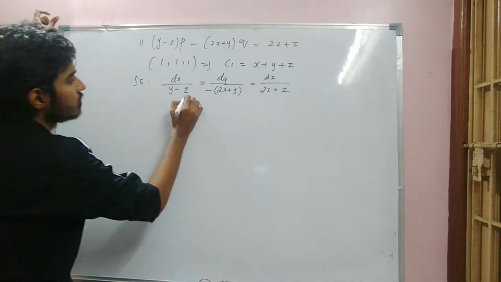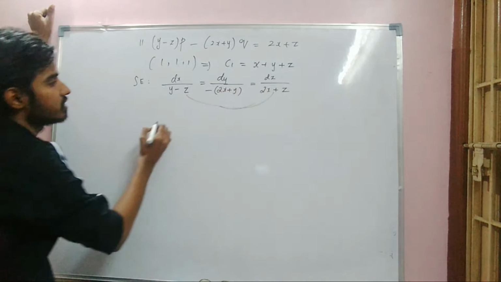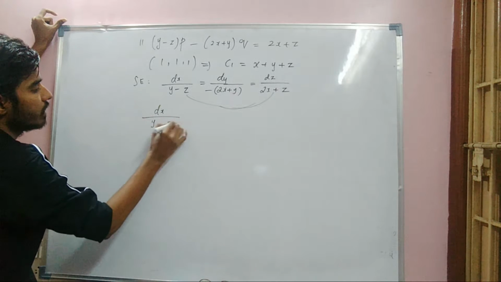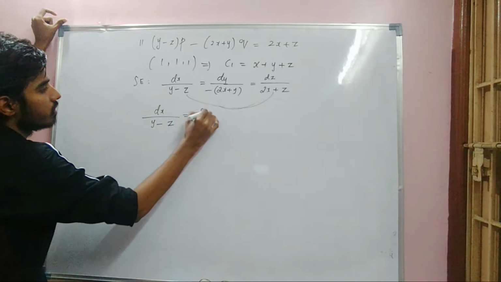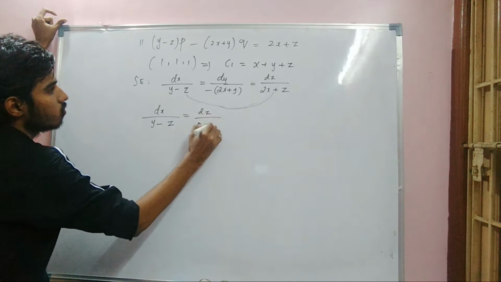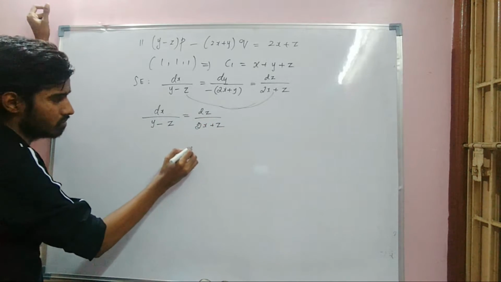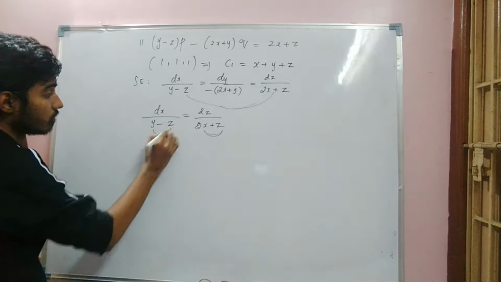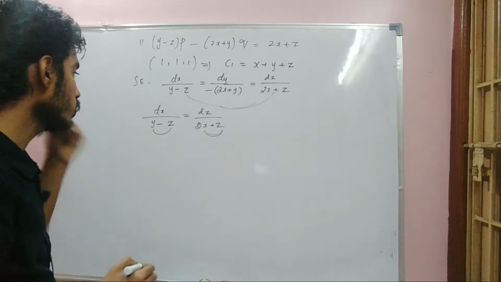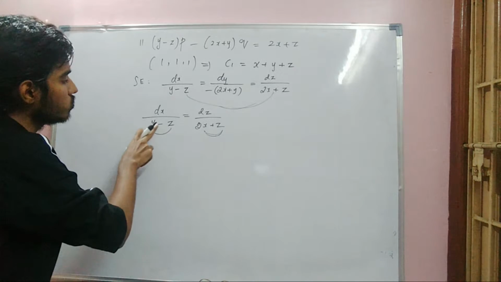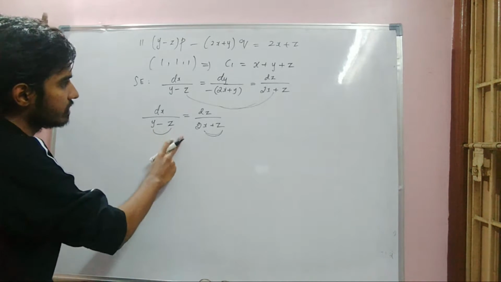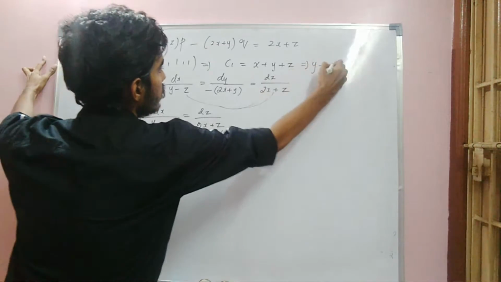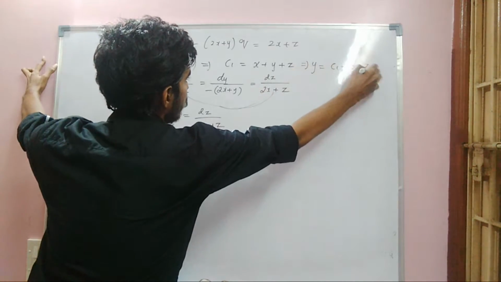Now I am going to take these two equations and group them. So dx divided by y minus z, dz divided by 2x plus z. Now here the two variables are x and z, here the two variables are y and z. So you need to transform this again to a variable of x and z. For that I can write y equal to c1 minus x minus z.